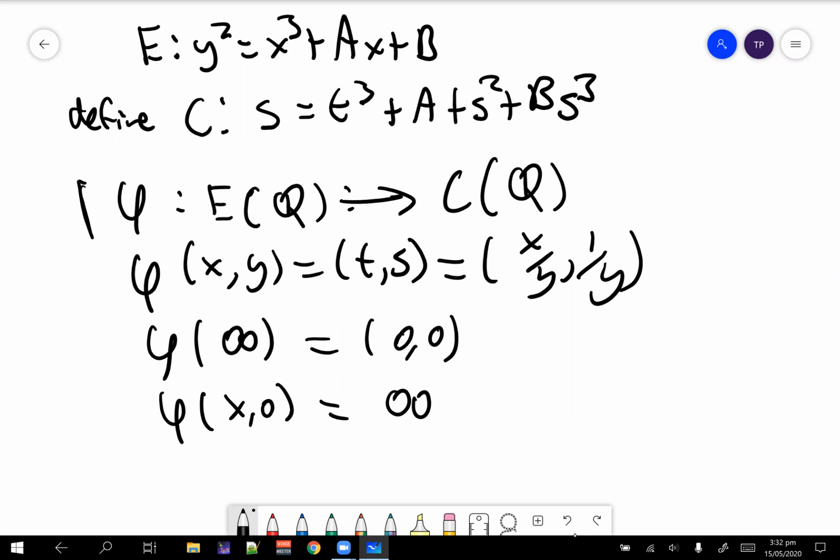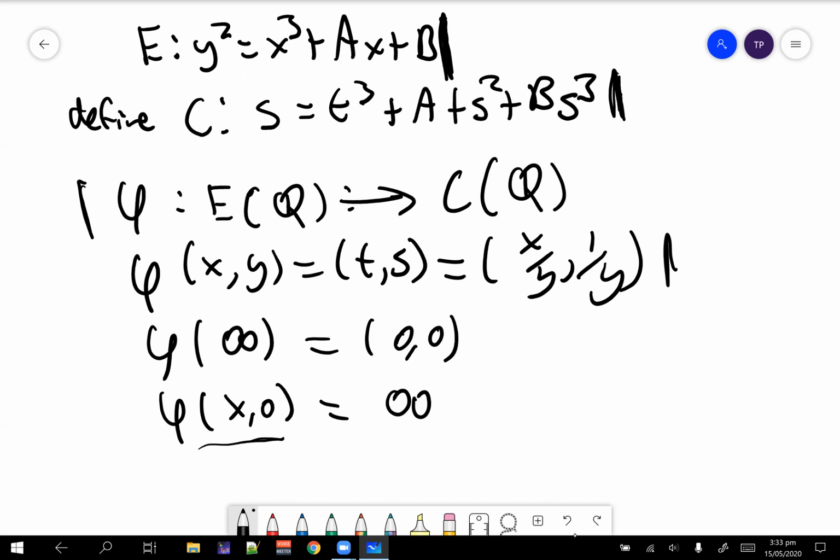So basically, after we prove this, we can say that anything that happens here, except if we throw away the points of order 2, also happens here and vice versa. So we can actually just prove things over the curve C, and we get a result over the curve E. The proof of this is straightforward. Clearly, this does give a birational map.